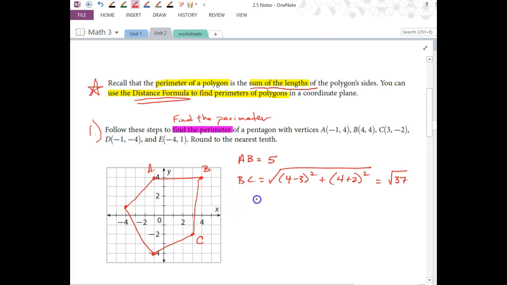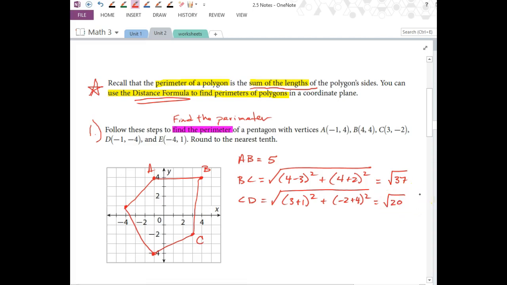Moving C to D. That one's going to be the change in x's, so 3 plus 1 squared, and then -2 plus 4 squared. So this time we're going to get 16 plus 4, 20.